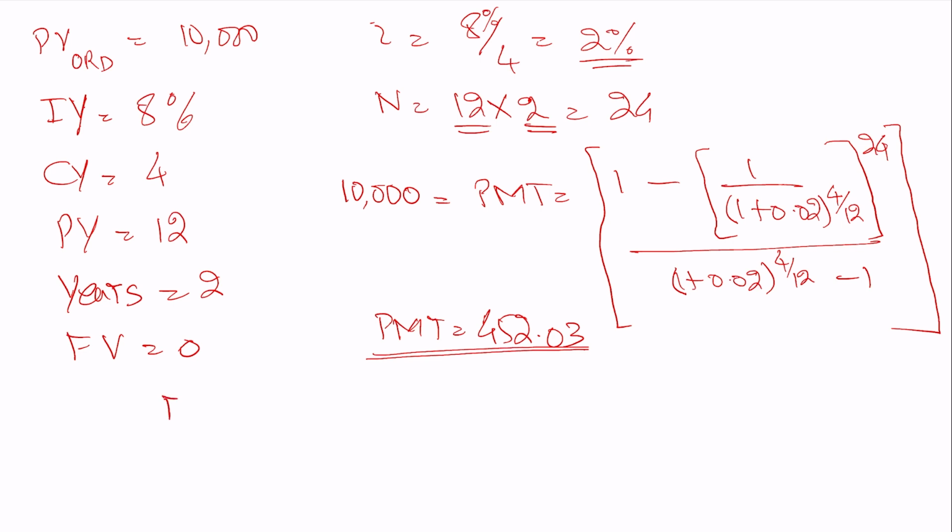So future value of this 10,000 is 10,000 into 1 plus 0.02 exponential 3 quarters. 9 months means 3 quarters. So it's going to be 10,612.08. Now N is 12 into 9 over 12, 9 payments.